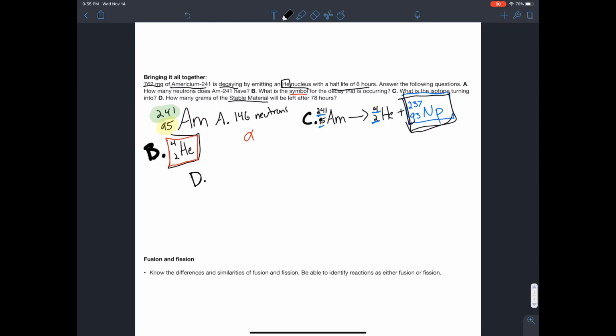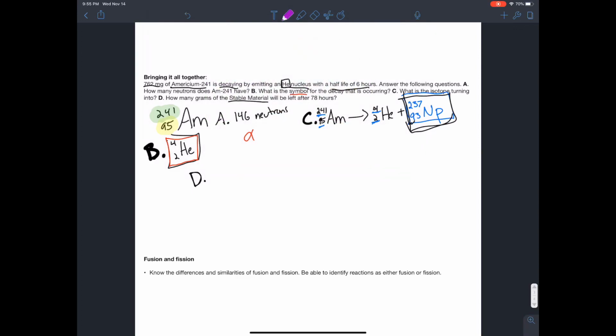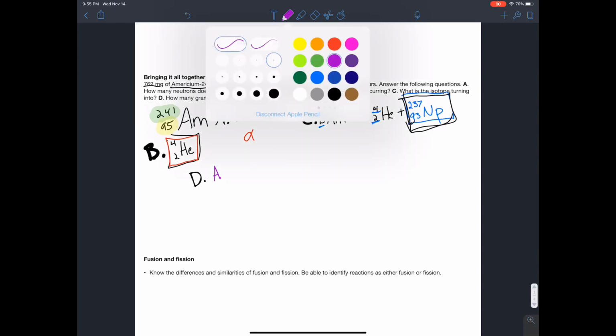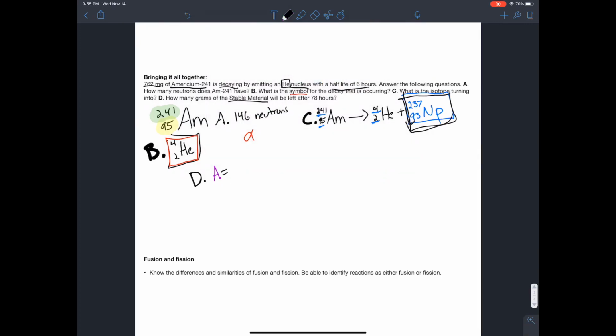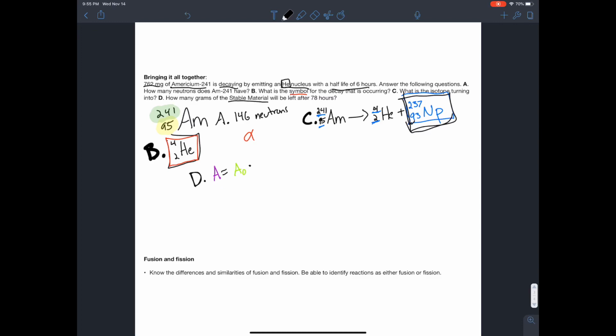Our first step is just to solve it like we normally would, and then we'll figure out the other part. Let's write the whole equation again: our amount of isotope is equal to our initial amount multiplied by 1/2 raised to the n power.